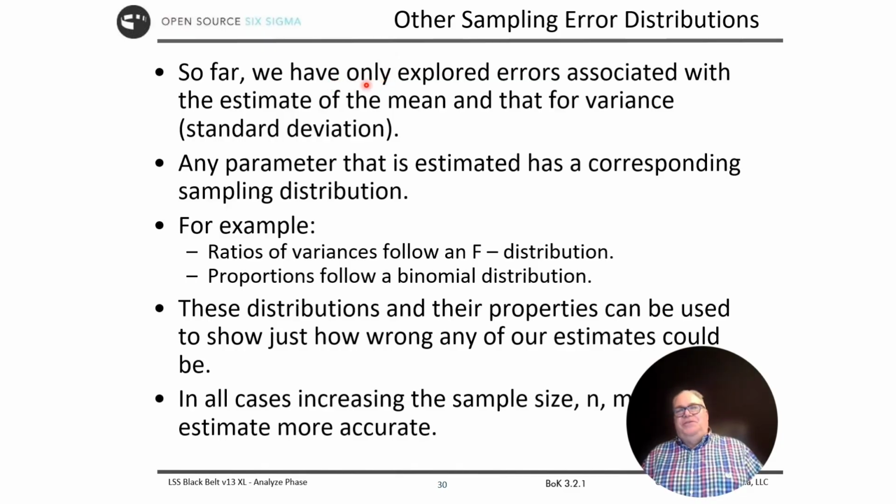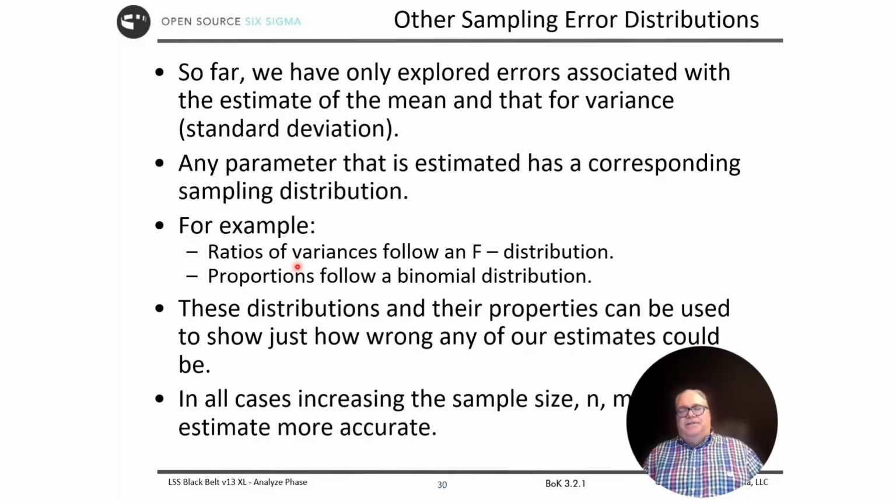At this point, we've explored sampling error associated with estimating the mean and estimating the variance or standard deviation. But any parameter that we might estimate from data has a corresponding sampling distribution, and a couple of the others that we will use based on some of the hypothesis tests that we are going to conduct would be similar to the chi-square.